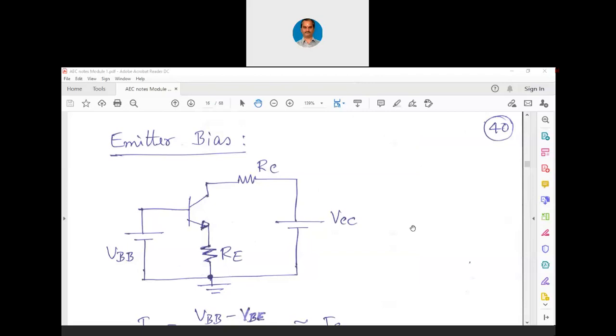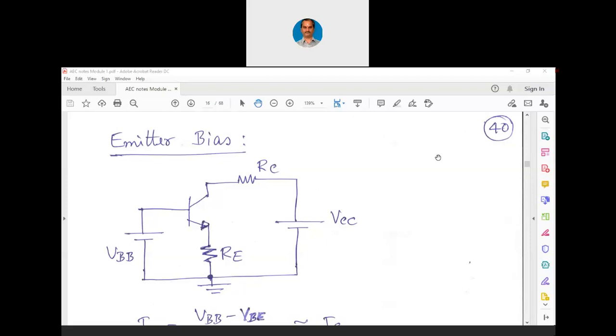So, till the last class, we have been discussing one particular circuit called base bias, where we used to have one resistor at the base and one resistor at the collector. And I had told you the need for those two resistors. The resistor at the base is required because we cannot give the exact voltage VBE to the transistor.